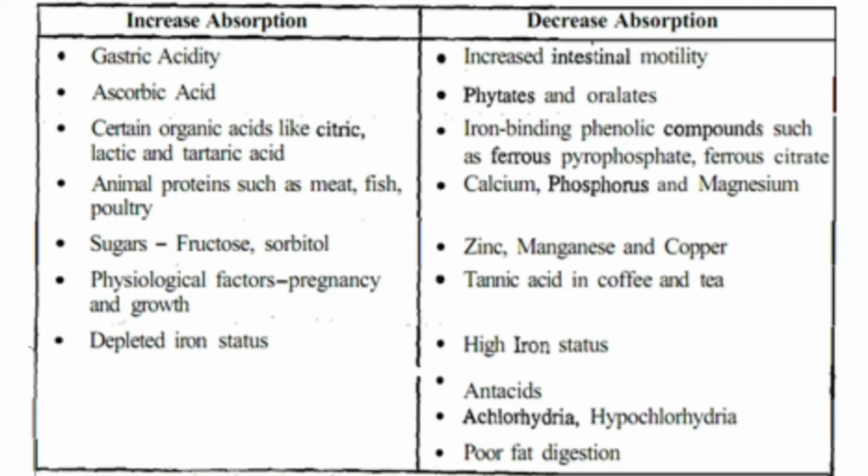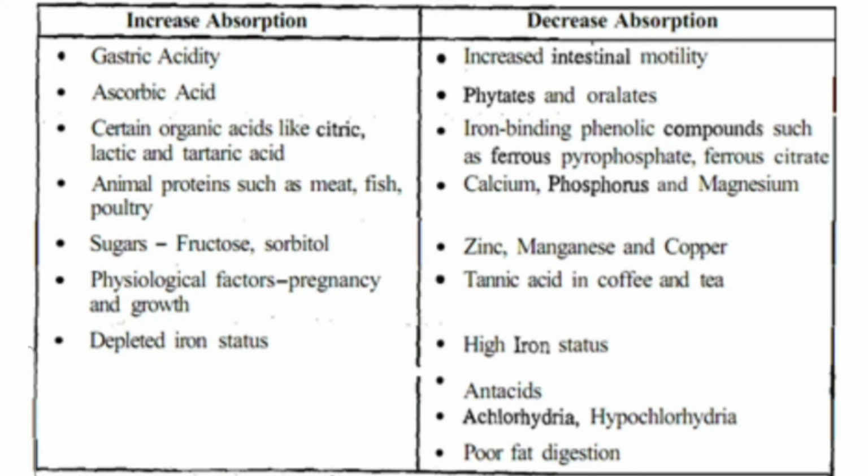The next point is polyphenols. These are compounds present in coffee, tea, cocoa and some vegetables, and they can reduce the absorption of iron from the diet by as much as 70% by forming insoluble complexes with iron. The next are minerals like copper, zinc, cadmium and cobalt, which are competitive inhibitors of iron absorption.